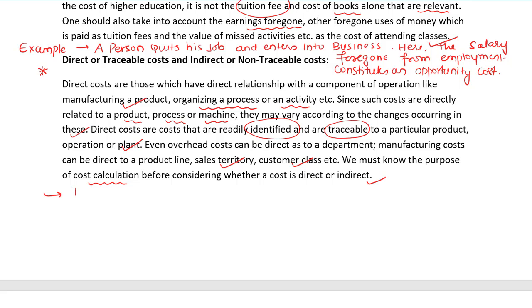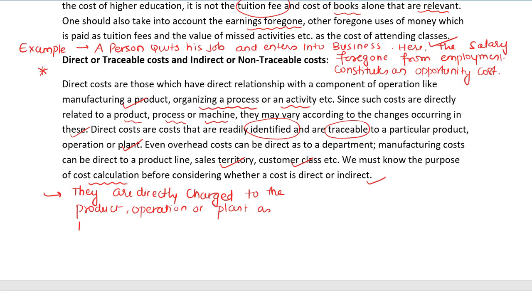Okay, so right over here, direct costs are directly charged to the product, operation or plant, as they can be directly identifiable.